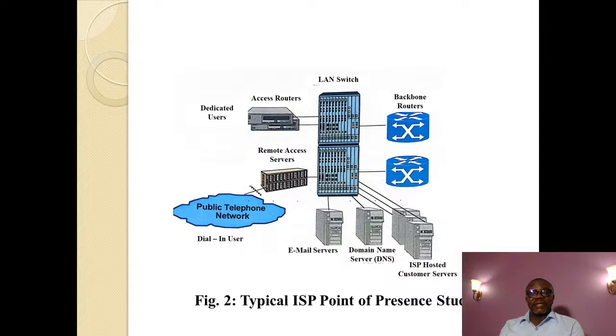In our case here, this public telephone network could be going through your network operator, that is your cellular network operator, such that from your phone through your network operator, you get access to the internet. And when you do that, we call you a dial-in user.